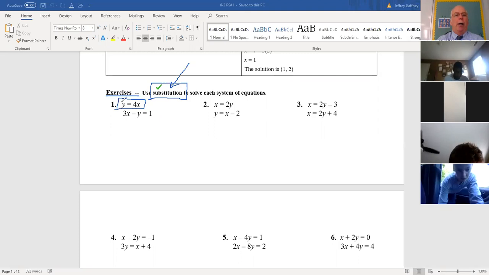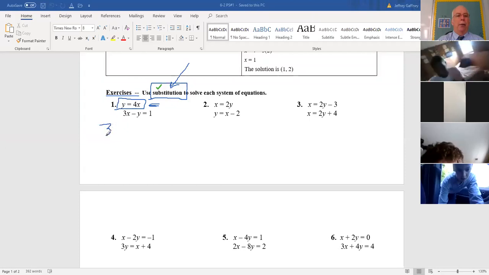So I know y equals 4x. Here's what I'm going to substitute: I'm going to substitute that 4x for y in the other equation. To solve these, of course, I have to use both equations. So I've got 3x minus, and here comes the substitution part.